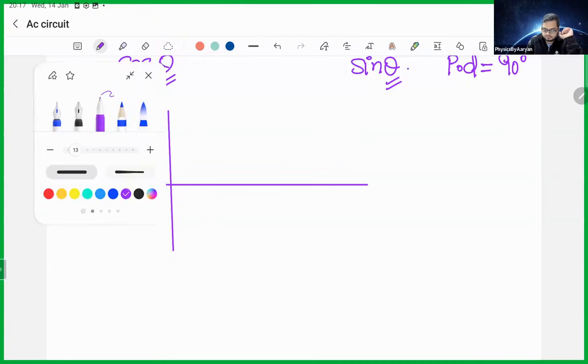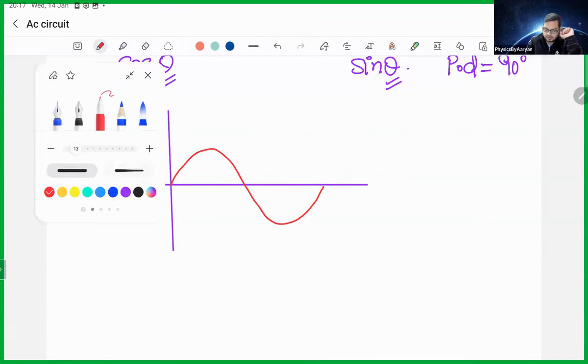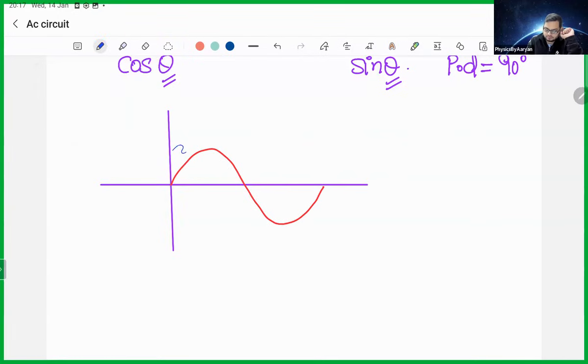Let me draw the graph. This is sine and this is cos. If I make this cos a little bit backwards, like this, does your cos also look like sine?